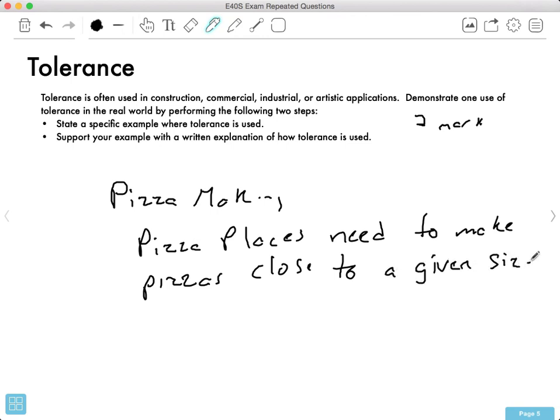If you order a 10-inch pizza and it comes to your table and it's 4 inches across, you're not going to be happy, right? And then you could even give an example of tolerance, like going from 12 inches to 10 inches, if you want to go even further. And there you go, 1 mark for the example and 1 mark for the explanation. And this just is bonus excellence.